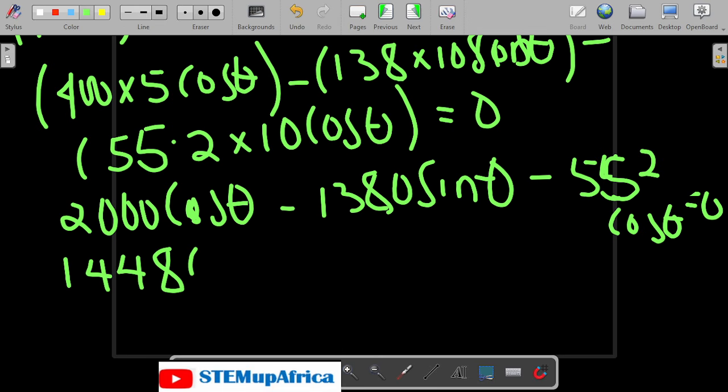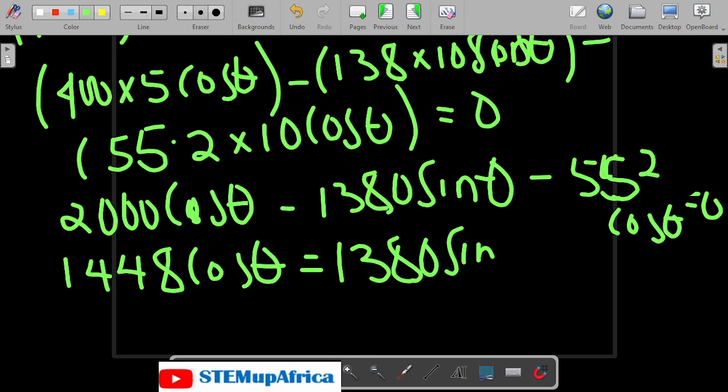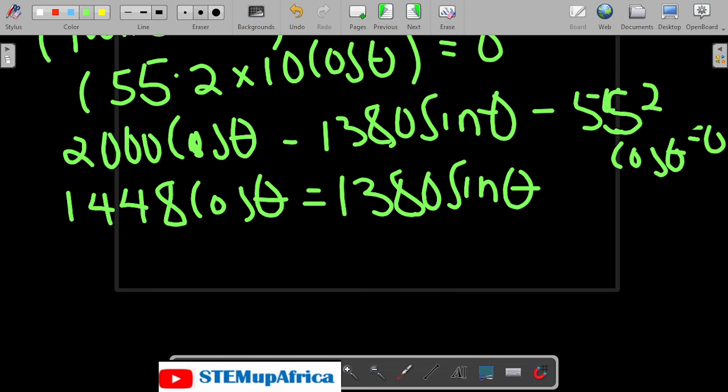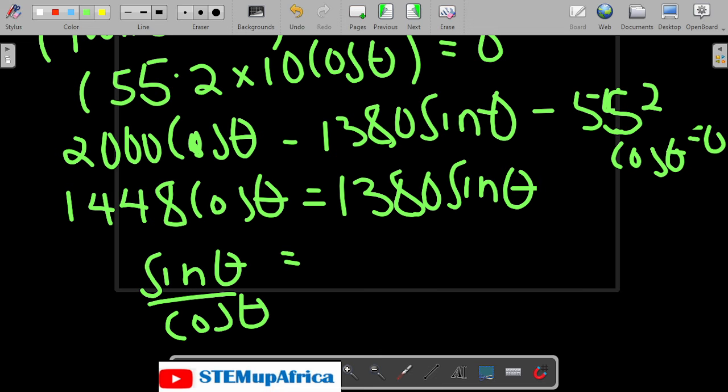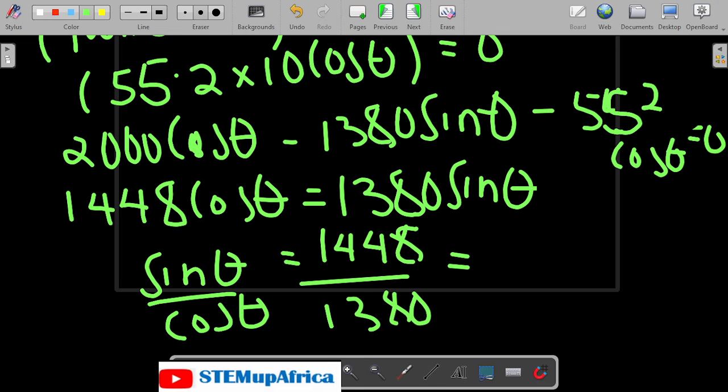So I'm having 1448 cos theta equals 1380 sine theta. I can write this as sine theta over cos theta equals 1448 over 1380. If I divide, I'm going to have 1.04927.